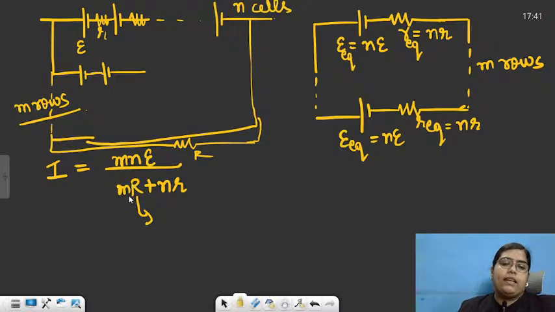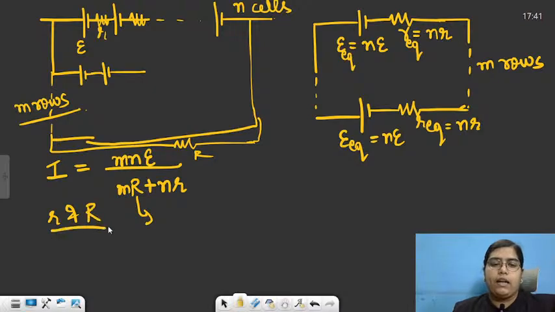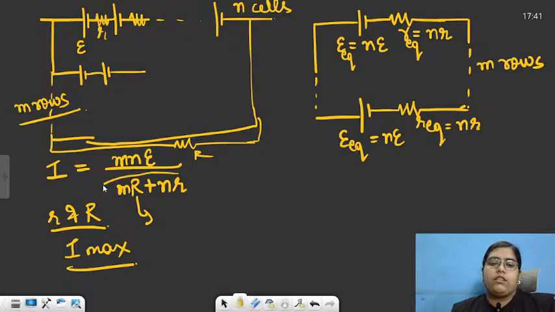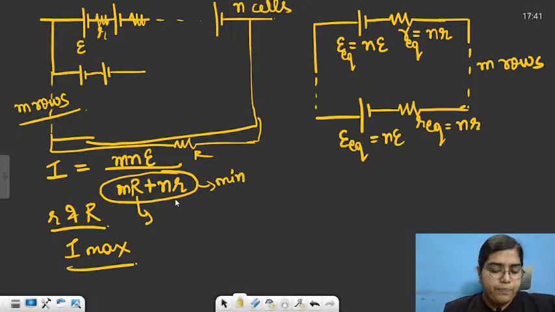And then there was one condition that you have to maximize this current. We have to find out the relation between small r and capital R such that current is maximum. So if we want to maximize this current, in that particular scenario, we have to minimize this denominator. If the denominator is minimum, current will be maximum, right?